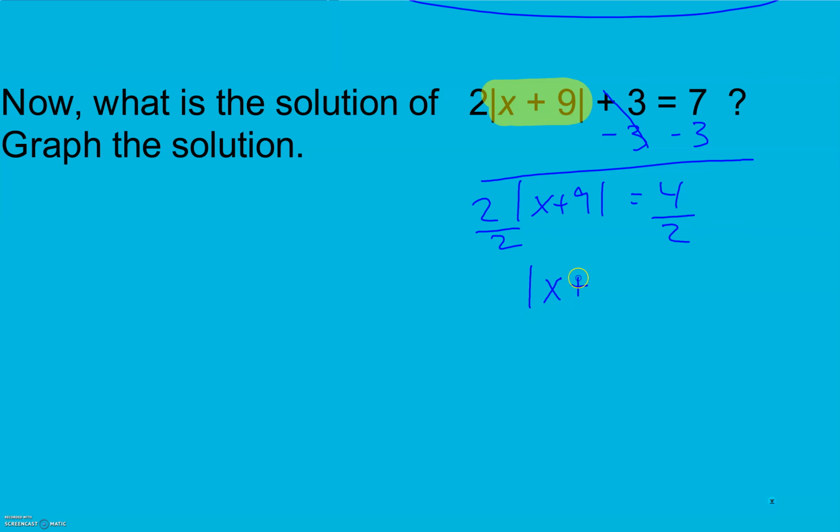And now all I have is that absolute value equals 2, which means my x plus 9 could have equaled 2, or my x plus 9 could have been -2, and then I took the absolute value to get to 2. So here we solve each equation.